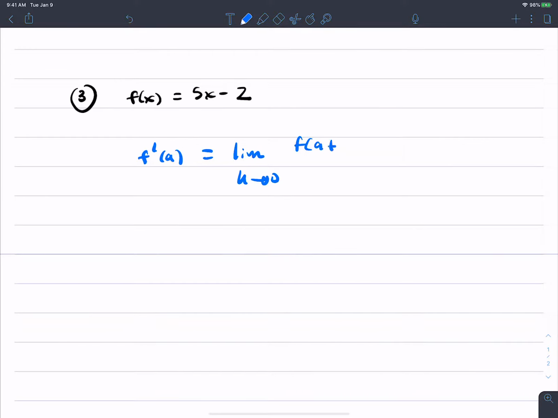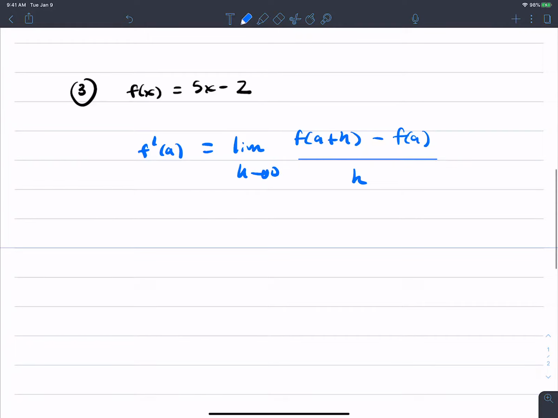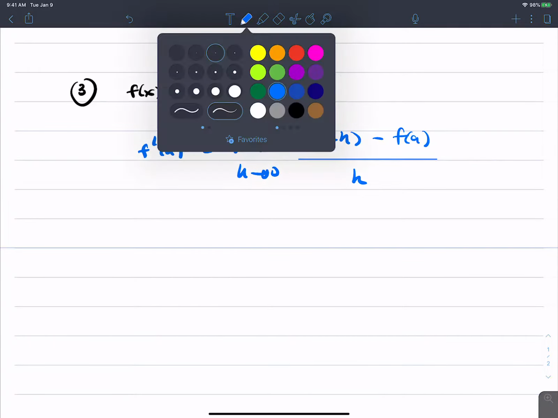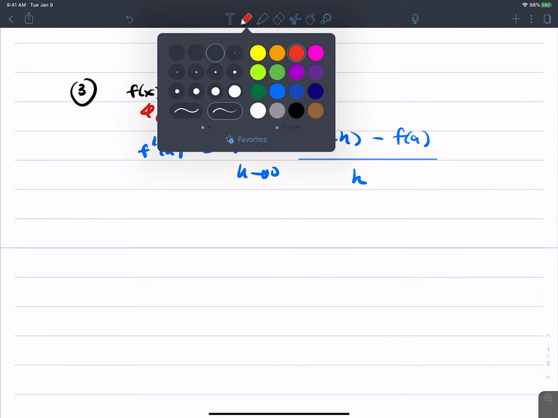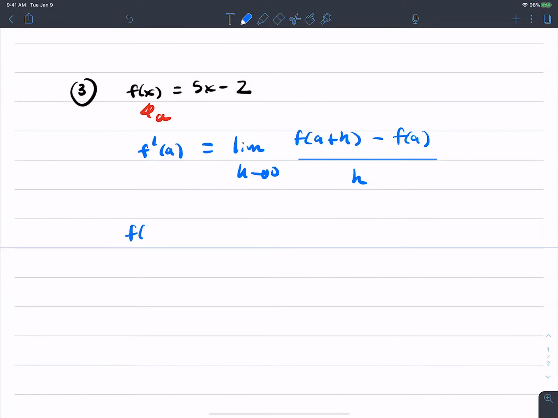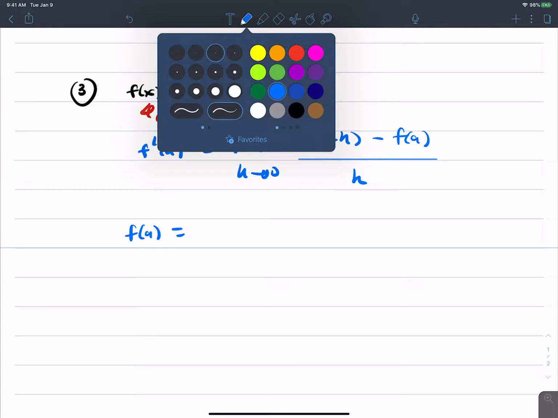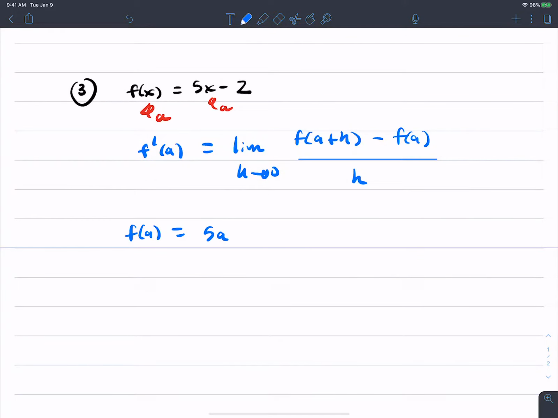This here is f of a plus h minus f of a, everything over h. Okay, so we're going to plug in now for this function a, and you get f of a, wherever there's an x, replace it with an a, right? So you're going to get now 5a minus 2. I'm going to plug in this a plus h now.